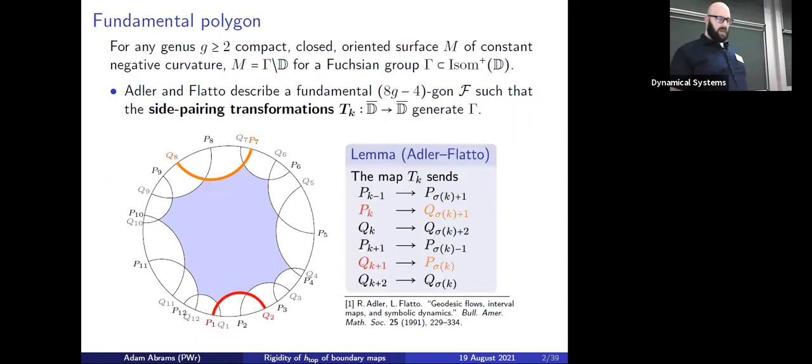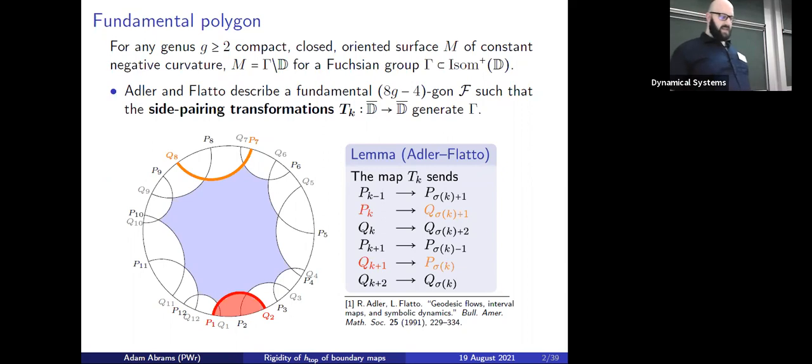And this map, capital T1, you can think of as a map on the disk, gluing sides of the polygon, but mostly we're going to be interested in thinking of it as a map on the boundary, on the circle at infinity. So it maps points on the circle to other points on the circle. For example, those endpoints P1 and Q1 that I mentioned earlier are mapped to Q7 and P7 respectively.